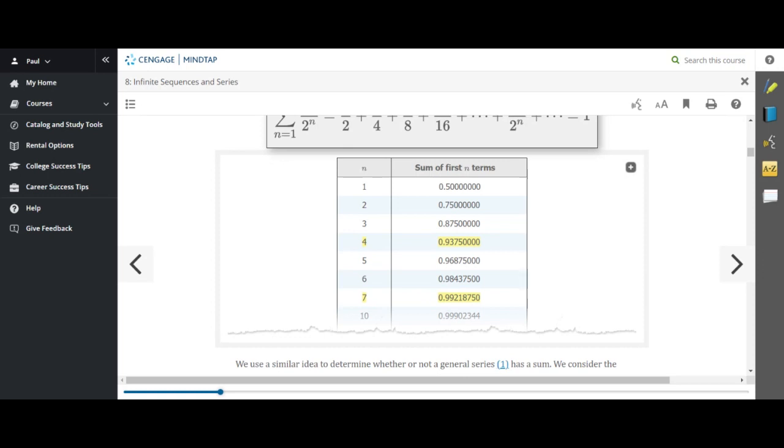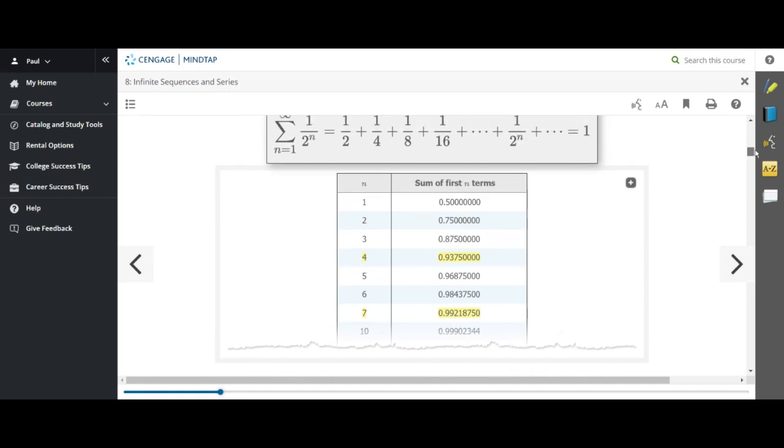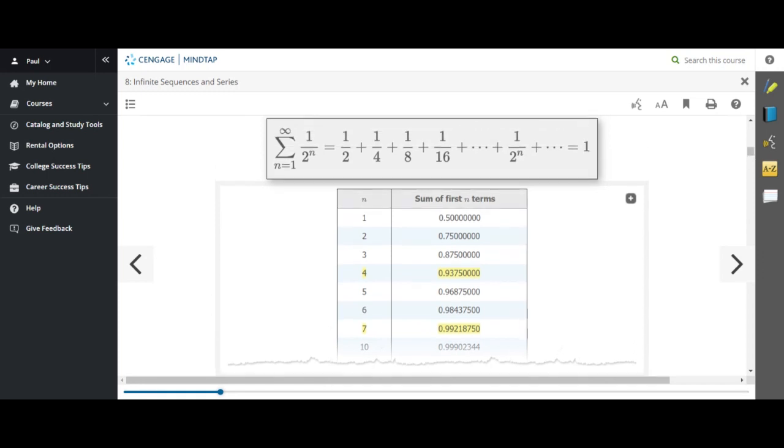And so the series would converge. This series here would converge, and it would equal 1. That's the sum of the series.